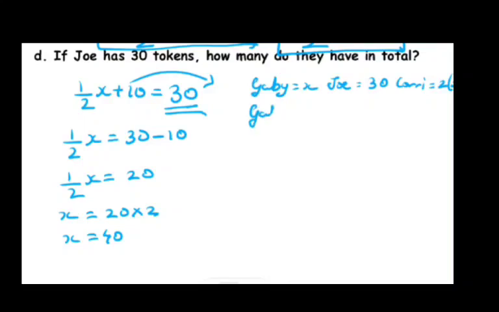So Gabby has 40, plus Joe has 30, plus Corey has 60. 40 plus 30 is 70. 70 plus 60 is 130.